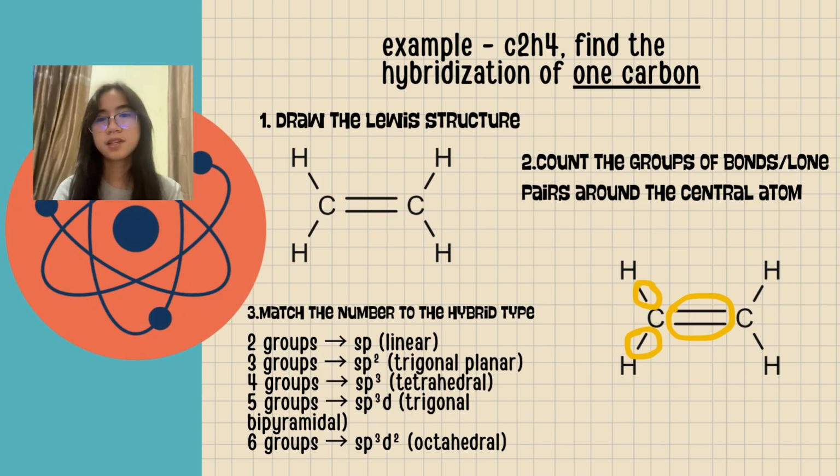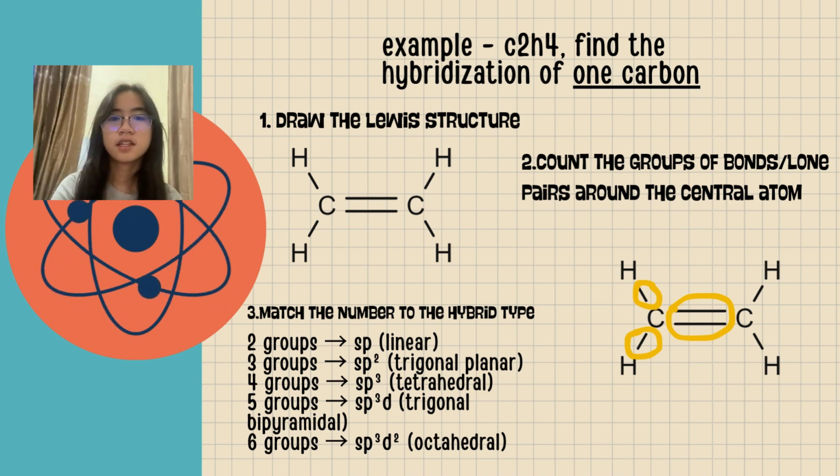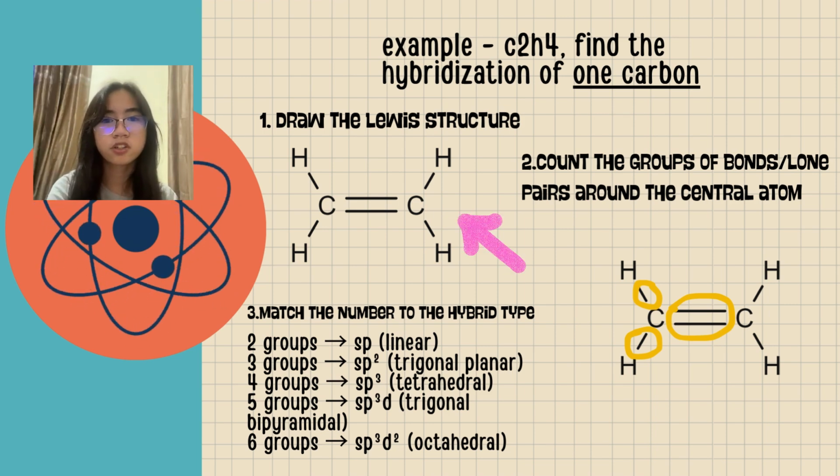Here's an example, C2H4. Let's determine the hybridization of a carbon. First, like my partner Lance said, we need to draw the Lewis structure. Now here is the Lewis structure as seen in the presentation.